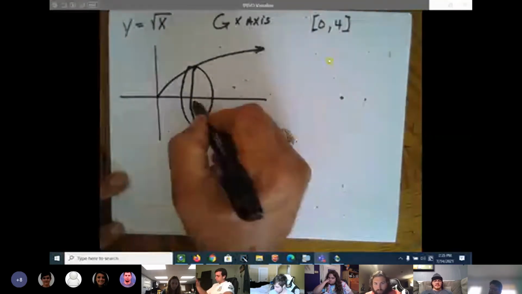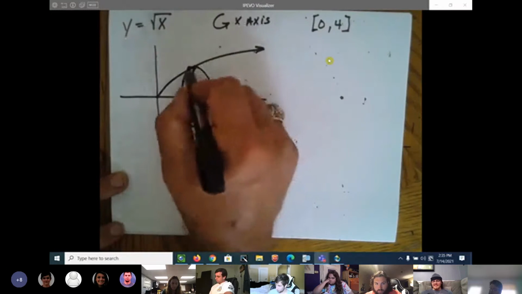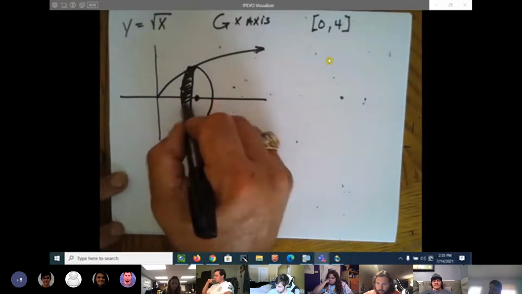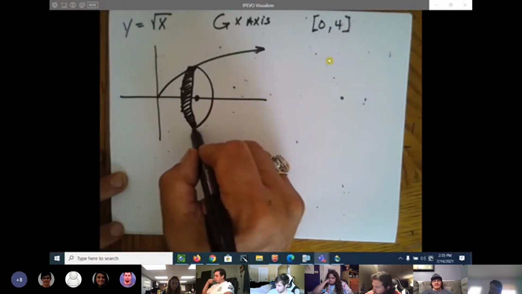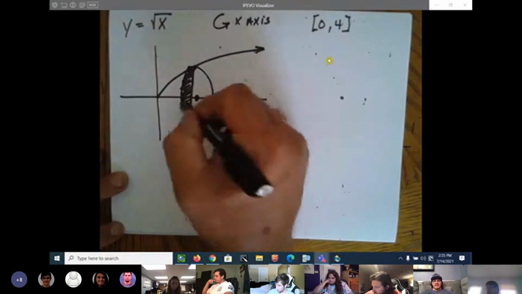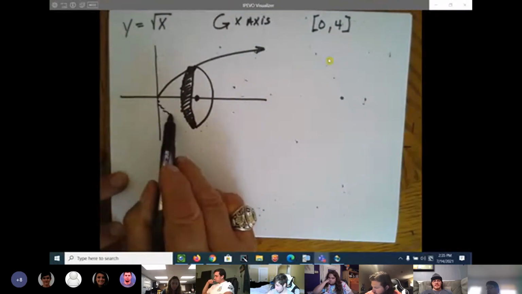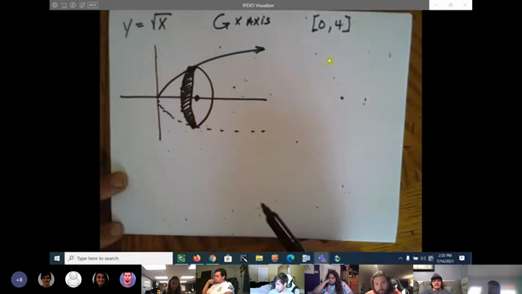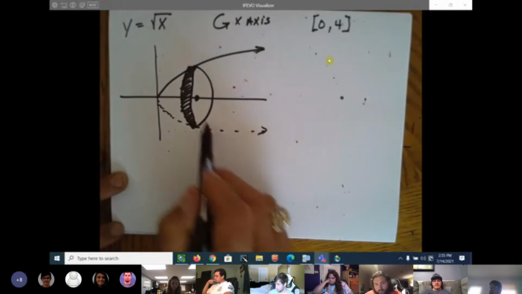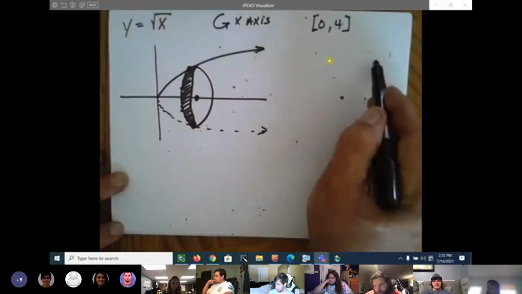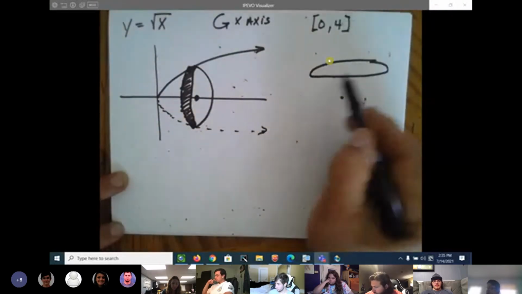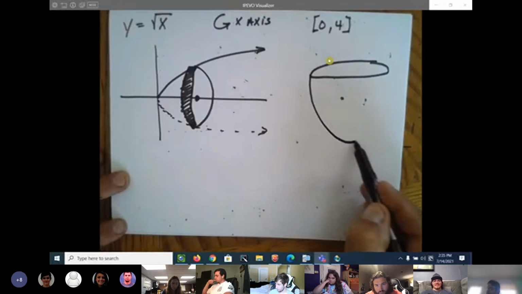Don't even say it. There's my disc, and it's going round and round. So it's making a shape like that, and it looks like half a watermelon.